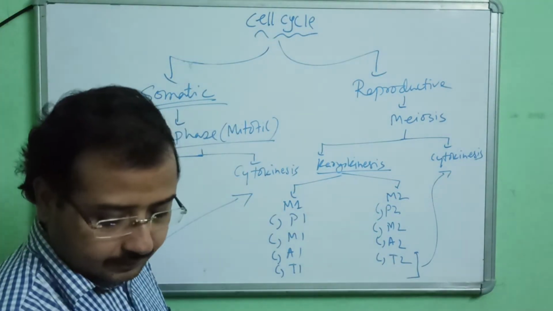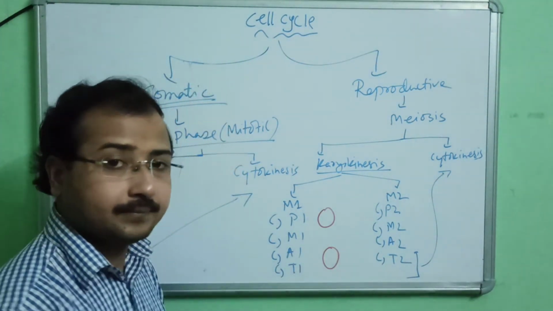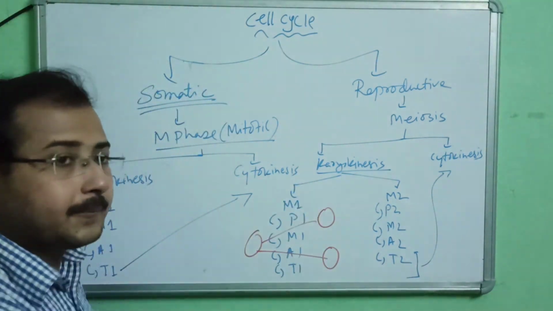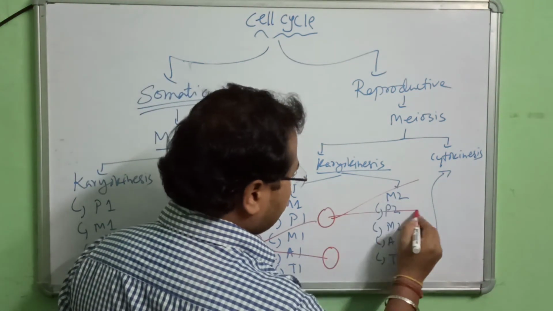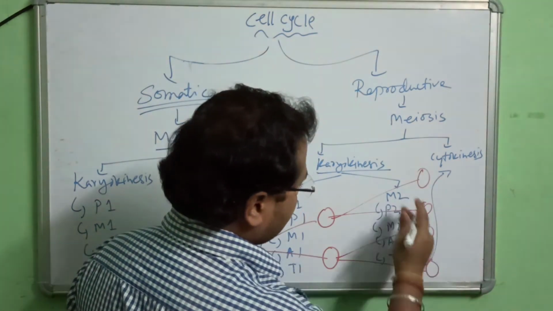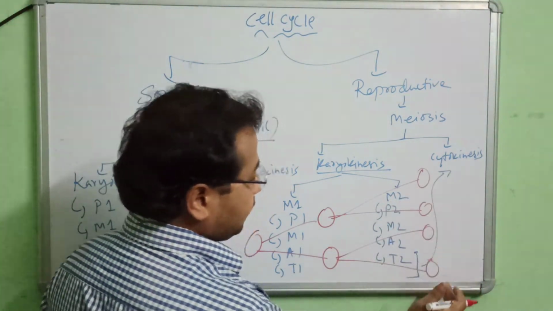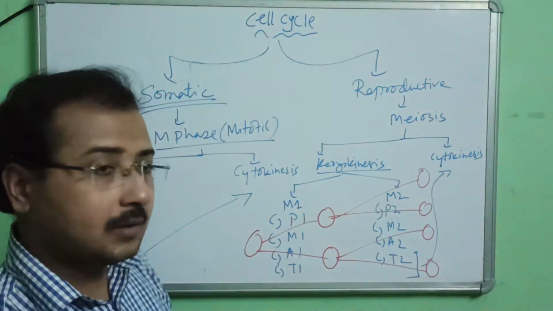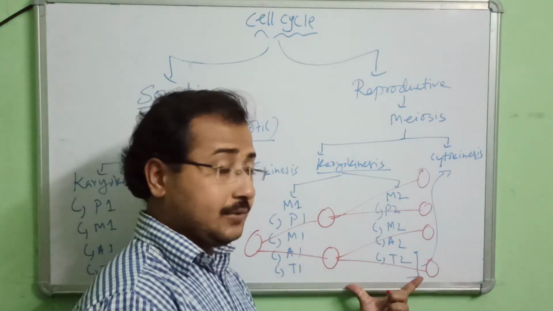After meiosis 1, from one cell, 2 cells come. These cells again undergo further division, and 2 cells are produced from each, 1, 2, 3, 4. So after meiosis 2, 4 daughter cells are produced. Meiosis 1 happens here, meiosis 2 happens here.